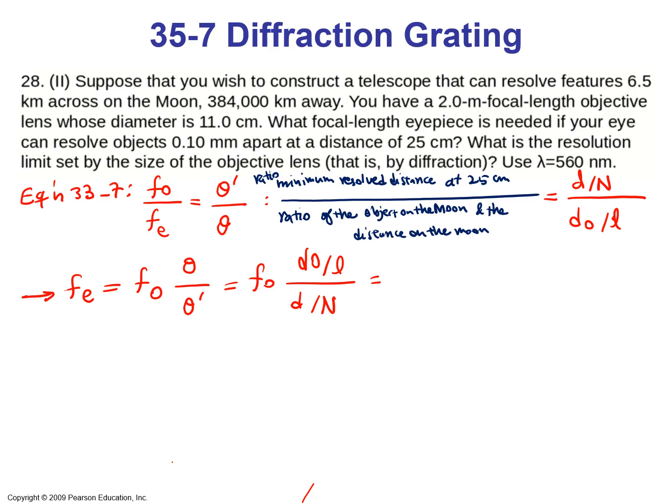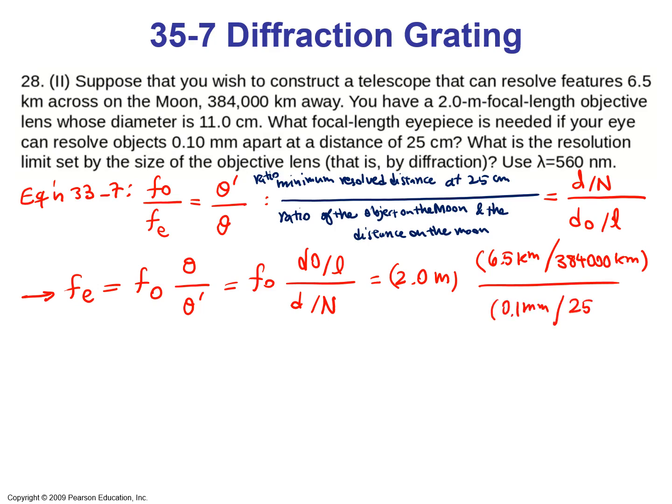If you plug in the values, 2 meter times 6.5 kilometer over 384,000 kilometer divided by 0.1 millimeter divided by 250 millimeter. That simplifies to 0.0846 meter, which is almost 8.5 centimeter. So that's the focal length of the eyepiece.